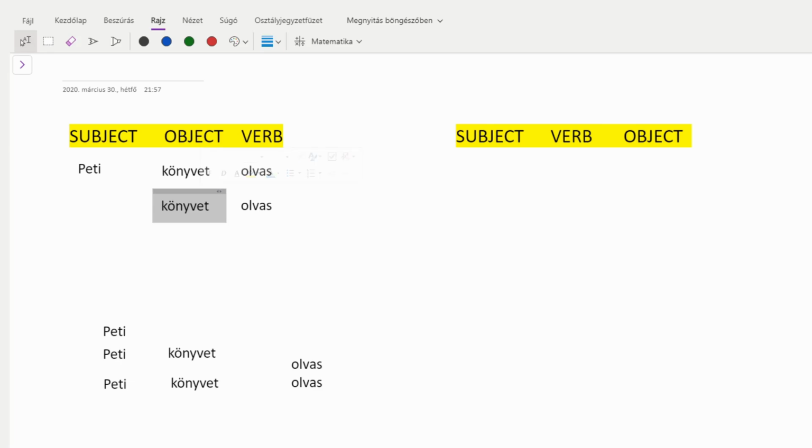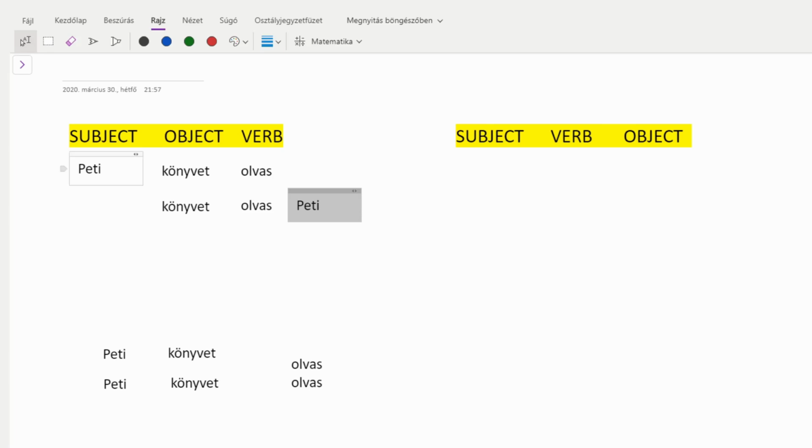So in this situation, you may also put Peti to the end of the sentence. So it is also clear, and it is also correct to put these words into this order, könyvet olvas Peti. However, there is a slight difference.